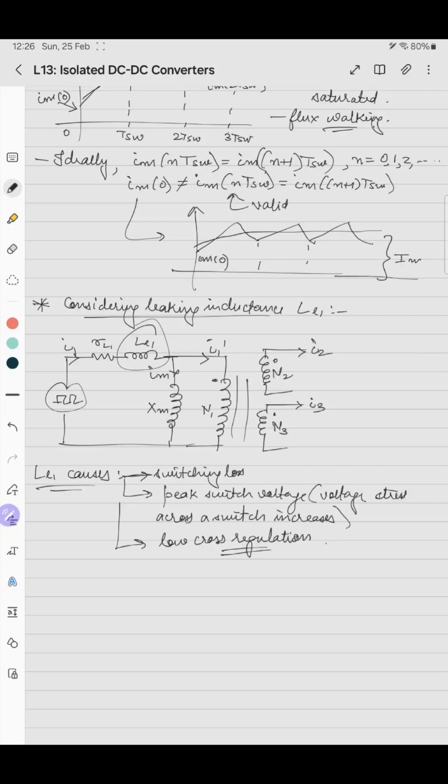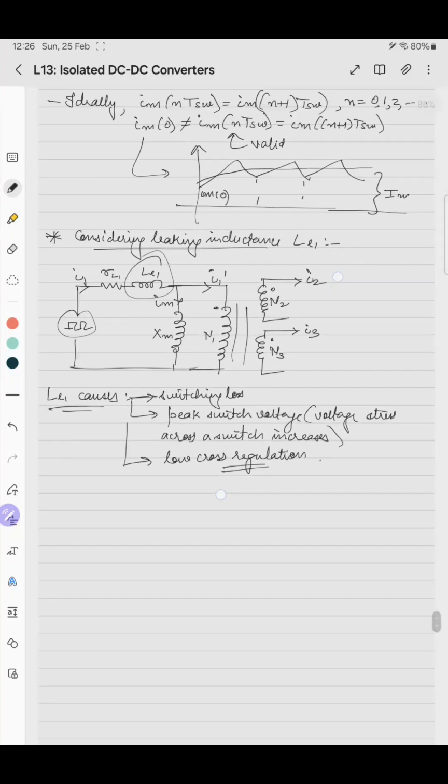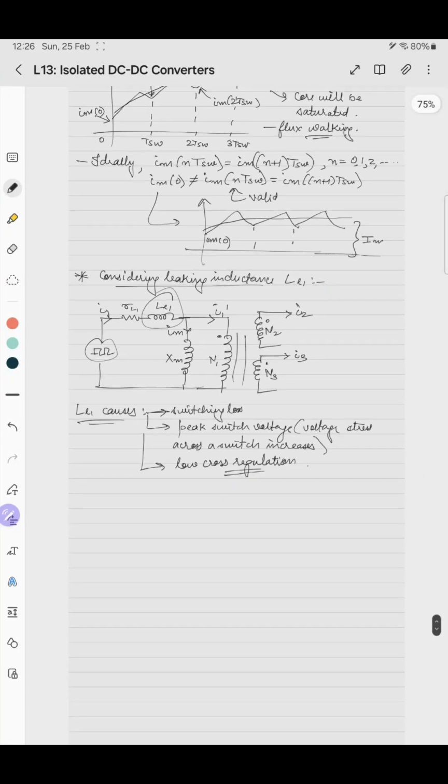So that's why leakage inductance is inherent in a transformer or a DC transformer. Typically the transformer which we'll be discussing in the further lectures is the high frequency transformer, which is very small in size, very compact in size.